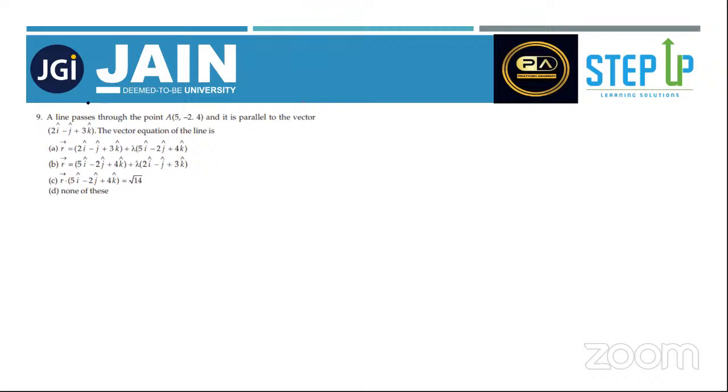So question number 9 is a direct question only, correct? What is the equation of the line? R1 vector, this is the position vector, plus lambda m vector. This is the vector to which this line is parallel, correct?